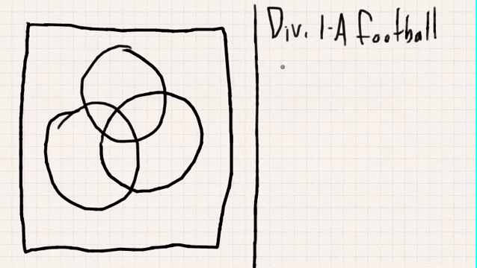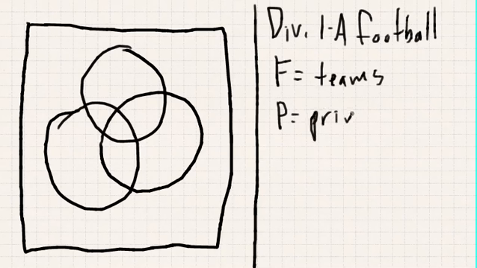I'm going to let F just be the whole universe of all the teams. And I'm going to look at these in a couple of different ways. I'm going to let P be those schools that are private. It turns out that most of the schools are state schools or public schools.